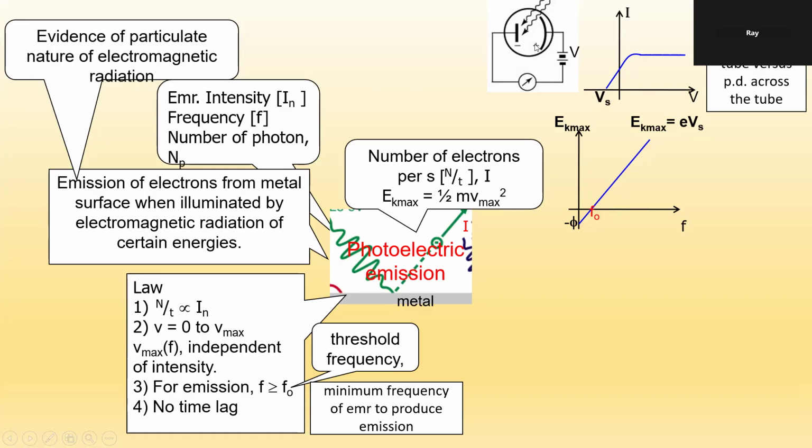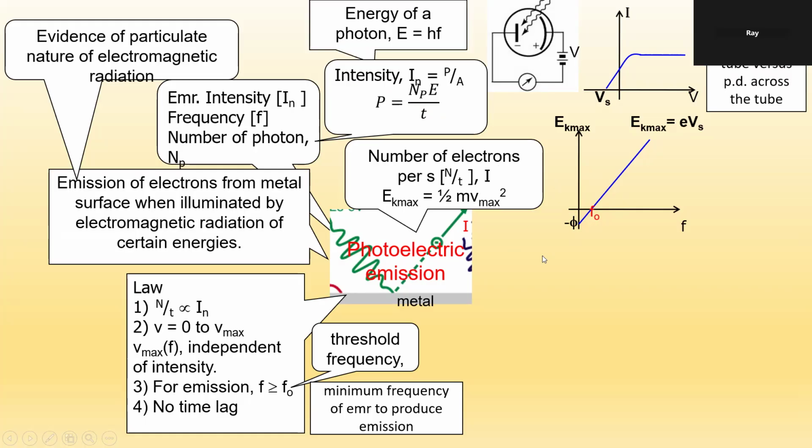There's a photocell. There's a potential difference across a photocell, so we can measure the maximum kinetic energy of the electron. And this is the graph: work function, threshold frequency, straight line equation. And then E equals hf.